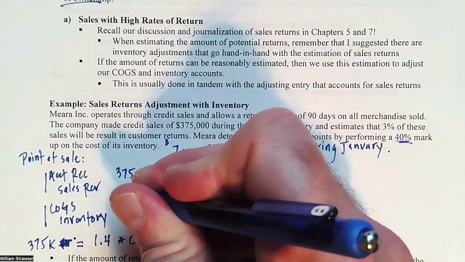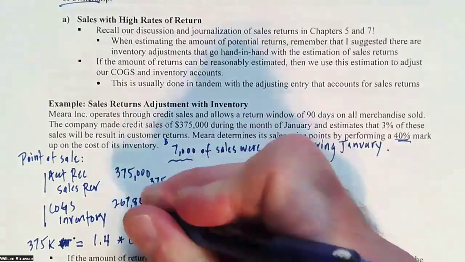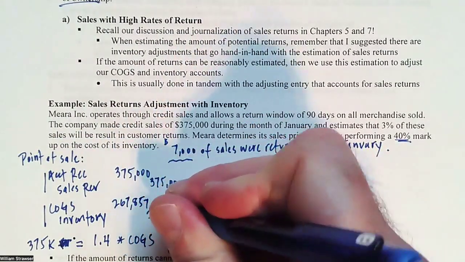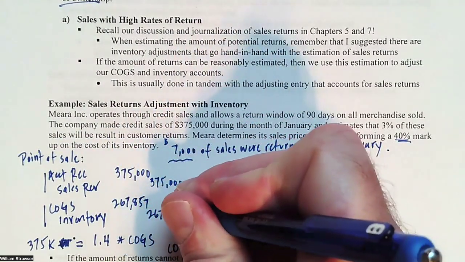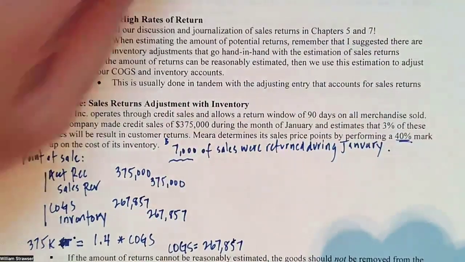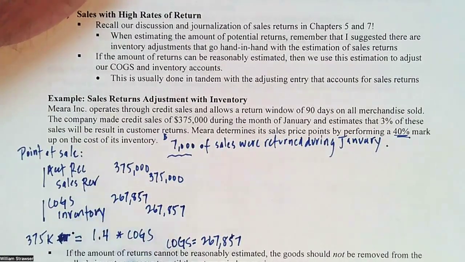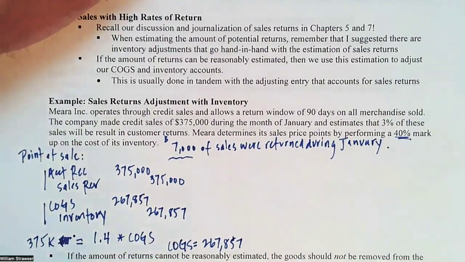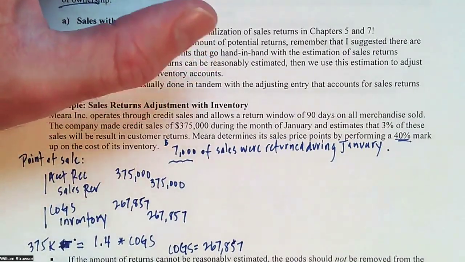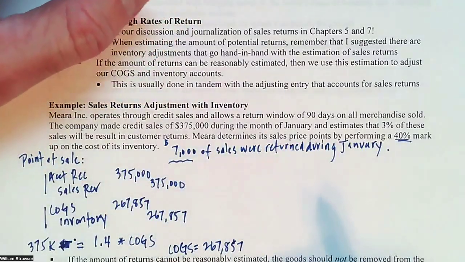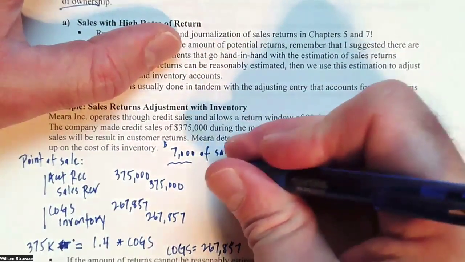So that's for what we sold. But we know that some of it's coming back, right? We record both of these right away because we're doing the perpetual system. We are matching costs with the revenues they help produce. The actual returns.